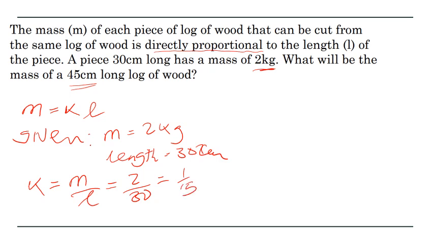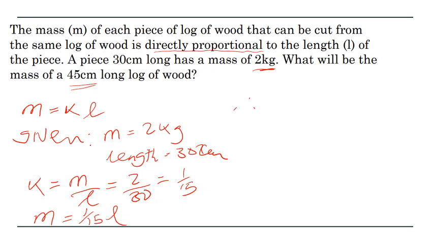That's k, which means our equation which relates mass and length will be m is equal to 1 over 15 L. So the question is what will be the mass of the 45 centimeter length?